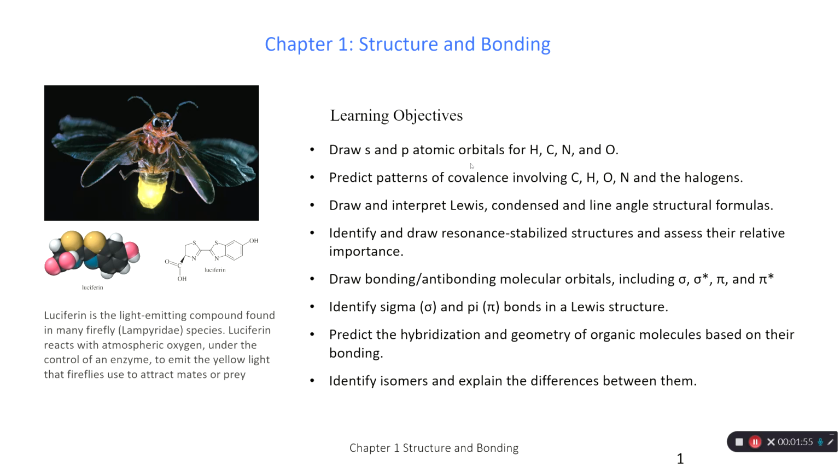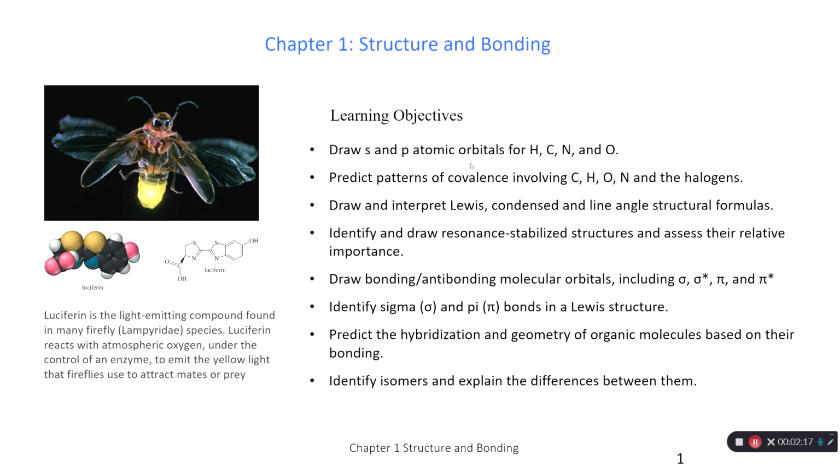You'll see a number of familiar topics in here, hopefully. For example, drawing and interpreting Lewis structures, looking at S and P atomic orbitals for different elements. We're even going to talk about molecular orbitals in this chapter and the geometry of organic molecules based on their bonding. So a lot of bonding fundamentals.